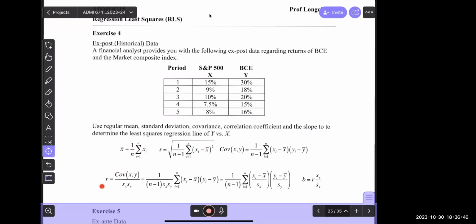This is R. What is the relationship between R and the covariance? R is the standardized covariance. So the covariance is like this, where the variance looks like the square root.